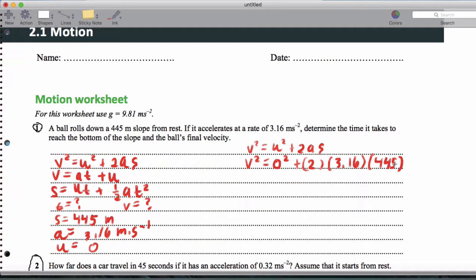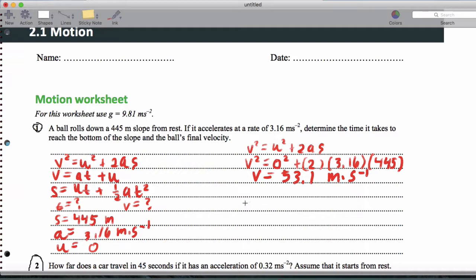And when we do that, we will end up getting 2 times 3.16 times 445. We'll square root that, and we're going to end up getting v is 53.06, and I want to round that carefully, okay? So I should actually write this as v is 53.1 meters per second to keep the sig figs correct, since we have 3 here and 3 here.